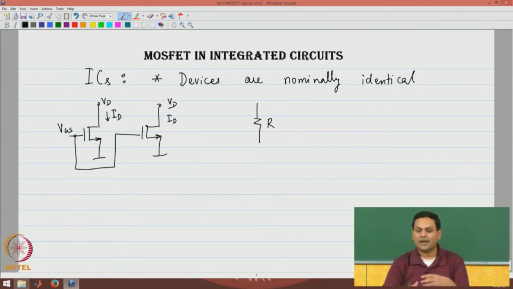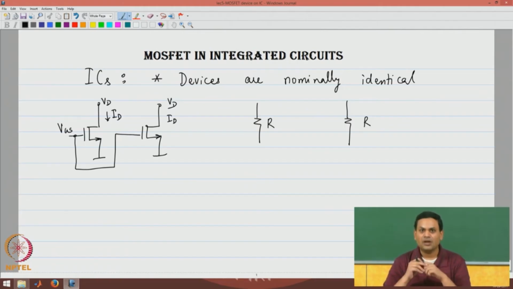There are many different ways to create resistors. If I build a resistor using a certain width and length of material on the integrated circuit, if they have the same dimensions, I will assume that they are nominally identical, they will have the same value of resistance.